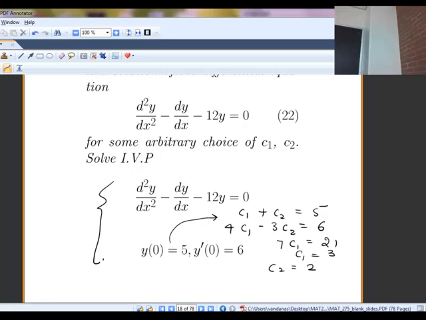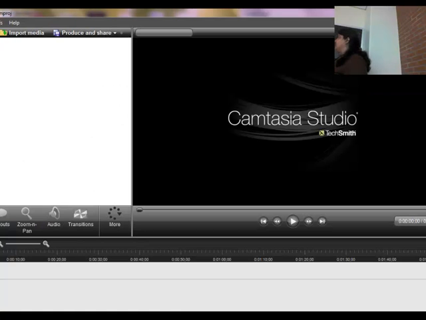What is y double prime? Lambda squared e to the lambda x. Okay, now if I plug this back into the differential equation, y prime is lambda e to the power lambda x, and y is e to the power lambda x, and this equals 0. Okay, now how will I simplify this equation? Lambda squared e to the power lambda x minus 5 lambda e to the power lambda x.